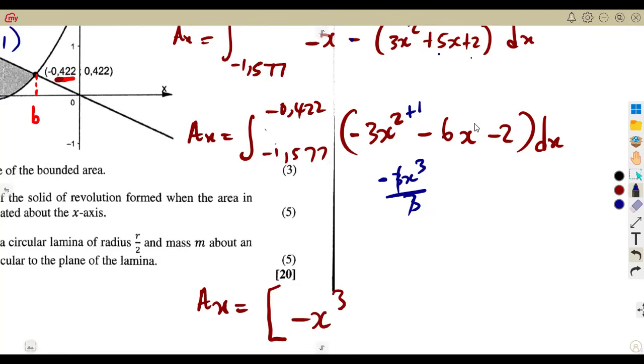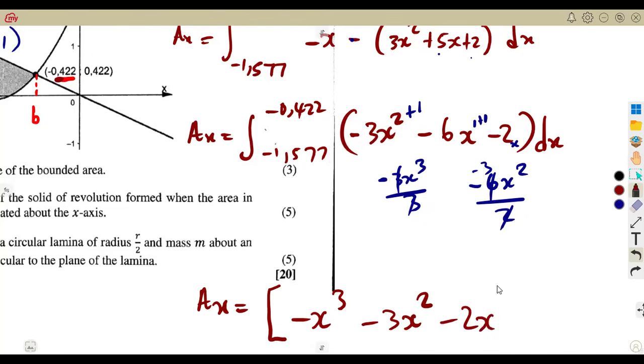For minus 6x, there's already a 1, so if we add 1 there, it's minus 6x squared over 2. Cancel this, that is minus 3x squared. Then the 2 is a constant, so if you integrate, you just put x there, so this is minus 2x. Not forgetting the upper limit and the lower limit.